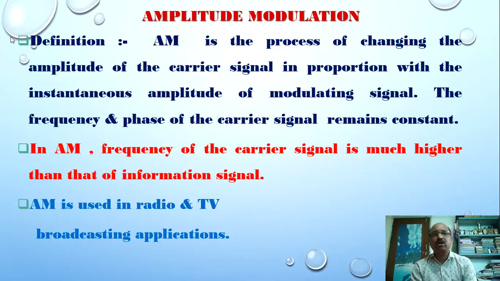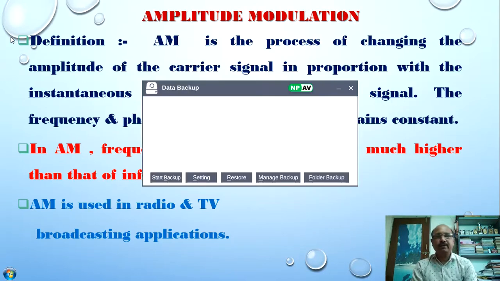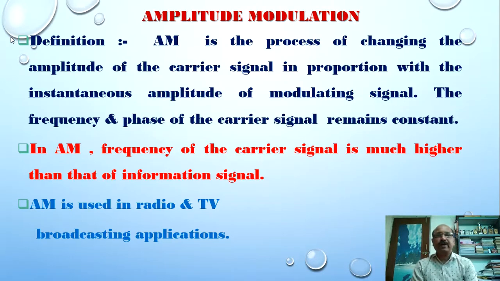Amplitude modulation is the process of changing the amplitude of the carrier signal in proportion with the instantaneous amplitude of the modulating signal. The frequency and phase of the carrier signal remain constant. या मॉड्युलेशन मध्ये आपण फक्त amplitude चेंज करतो.